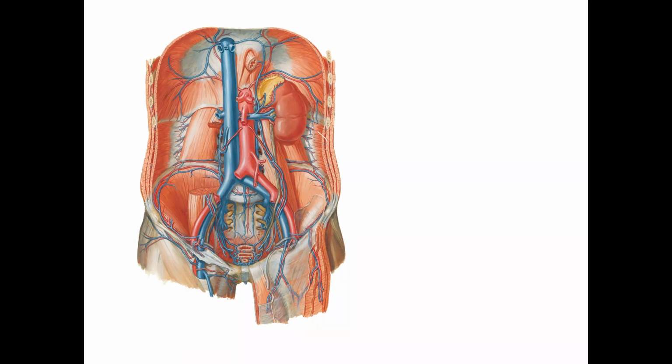The suprarenal and gonadal veins, joining the renal vein before this nutcracker effect, can get a back pressure because of it. This is one of the reasons why varicocele is common on the left side.